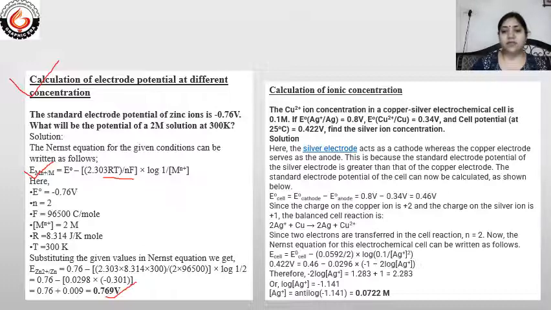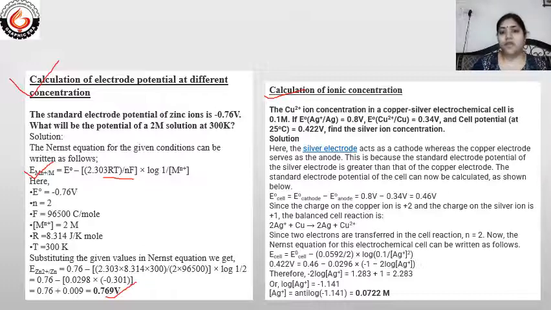Next example is calculation of ionic concentration. That means if the ionic concentration of one electrolyte is given, then how will we calculate the concentration of the other electrolyte? The example is: the copper ion concentration in a copper silver electrochemical cell is 0.1 molar.